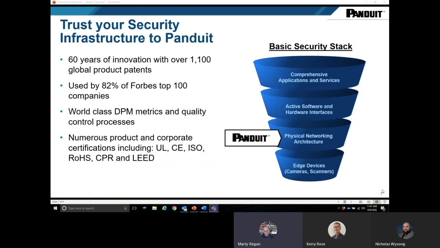Panduit has a long history as an innovation leader and has been earning the trust of a vast majority of top corporations for over 60 years. A significant investment back into R&D has led to over 1,000 global patents. Panduit has world-class defects per million metrics and a QC process, as well as holding relevant product and corporate certifications. Next slide, Nick.